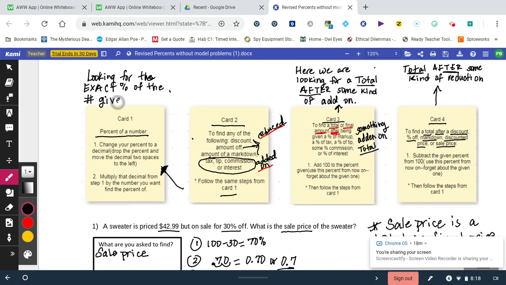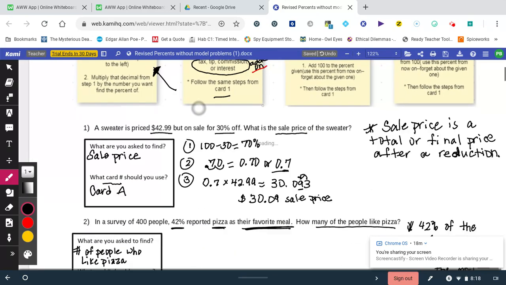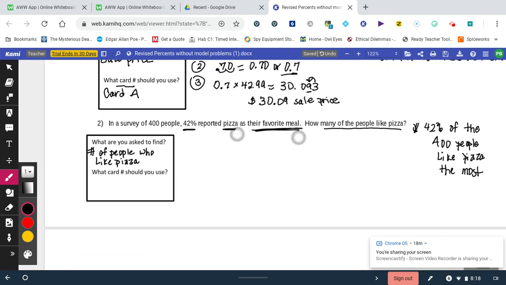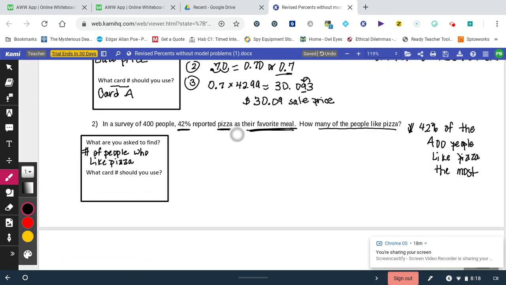Anytime you're looking for the exact percent of the number given and that's it, you use card 1. All right, so we're going to use card 1 because I'm looking for that exact percent of the number given.